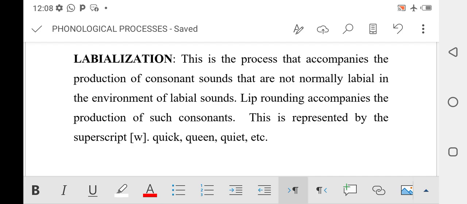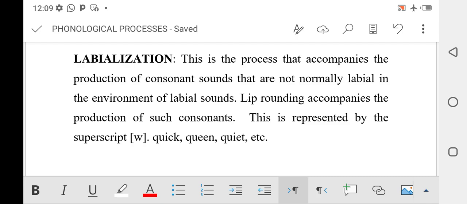Remember that when we were talking about progressive assimilation, we made mention of labialization and nasalization. So as much as it is a phonological process on its own, when you are talking about assimilation, you could put it there.